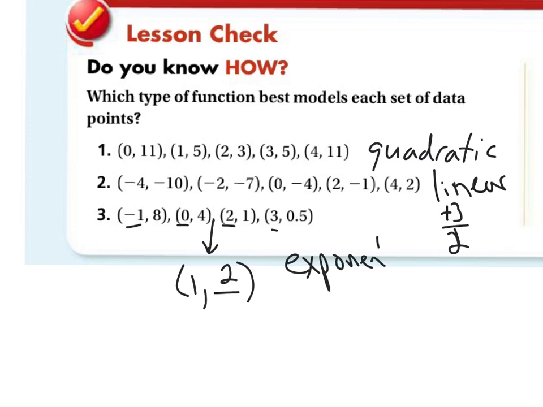Anyway, if you graph it, that would be another way to figure this out, that it's exponential, and what's happening is they're dividing by 2 for the y values, or you could say multiplying by 1/2 to get their next y value each time. So this gives you an idea of how to determine if something would have a linear, quadratic, or exponential model.